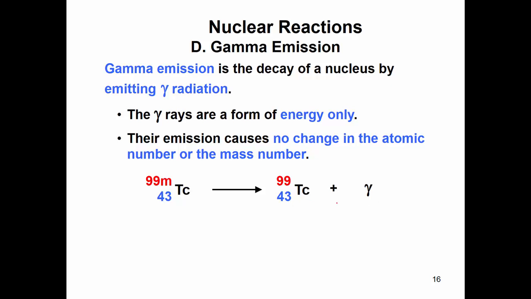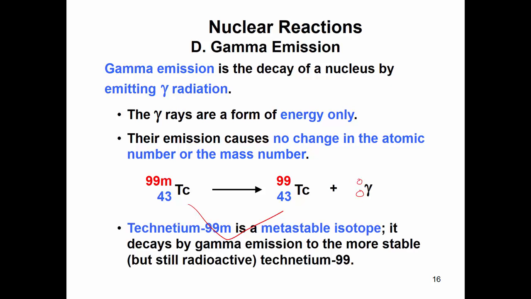So you have the same isotope on both sides because this is 0 and 0. Technetium-99 is used a lot in medical imaging, in hospitals and so forth, and it decays by gamma emission to form the more stable, but still radioactive, technetium-99.